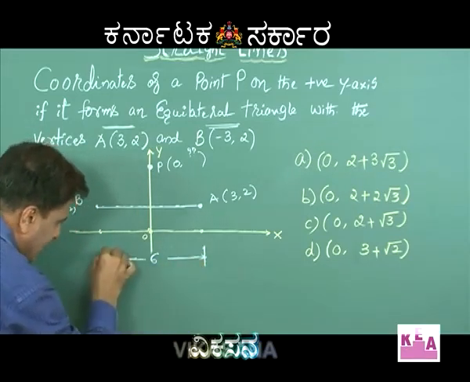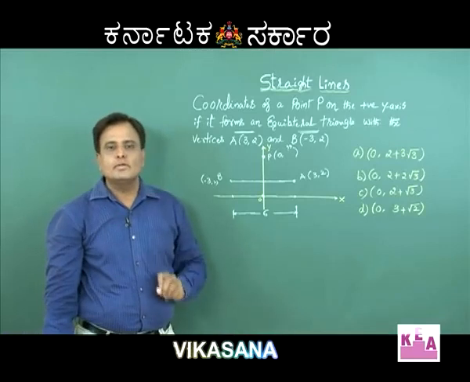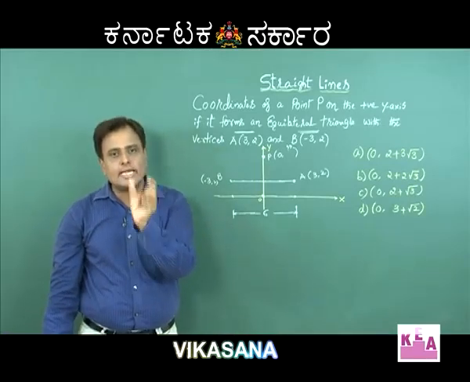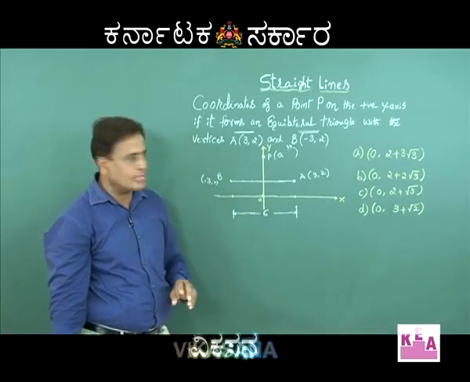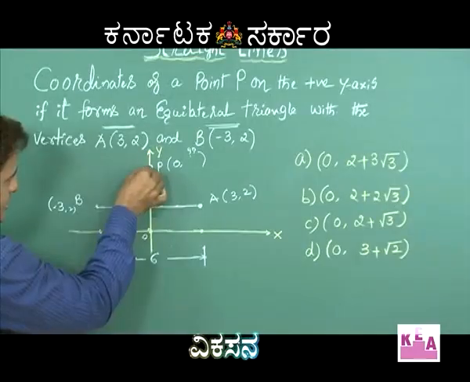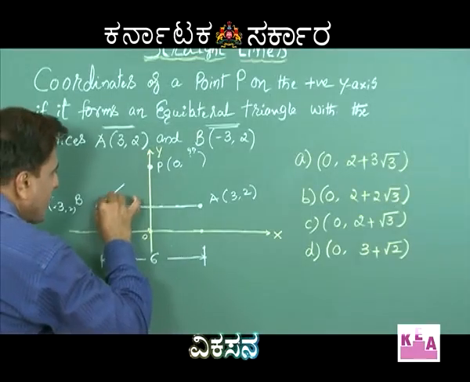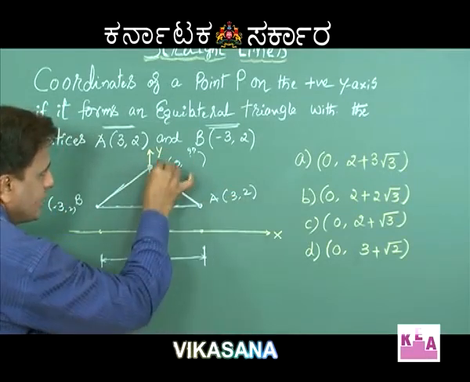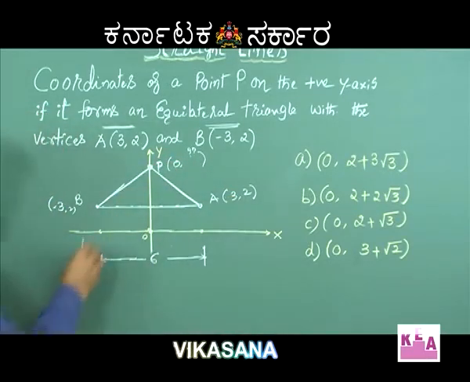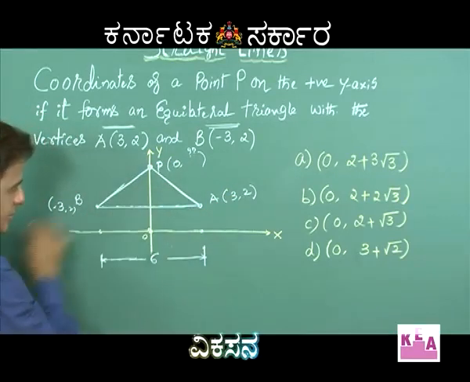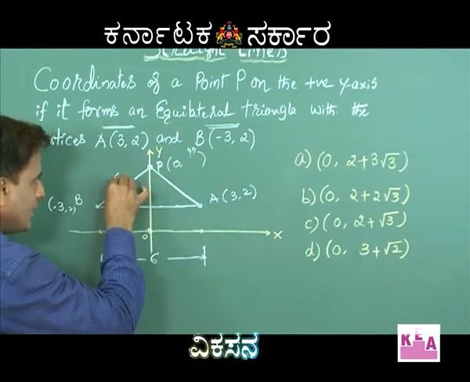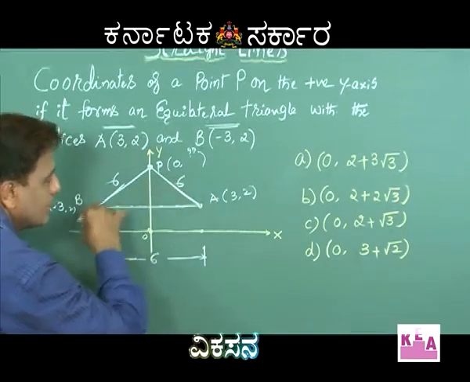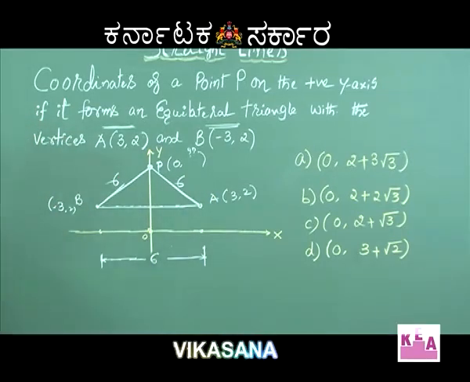That means whatever triangle forms, the length of the side of the triangle is 6, since it is an equilateral triangle. Join this P point and form a triangle. Now we have to find the coordinates of point P. Since it is an equilateral triangle with side 6, definitely all the sides are equal, 6, 6.